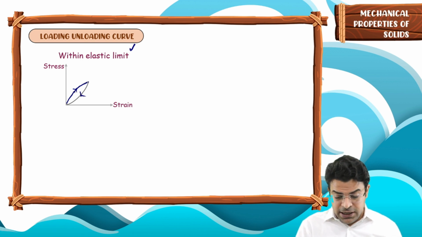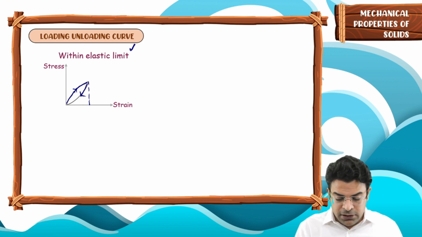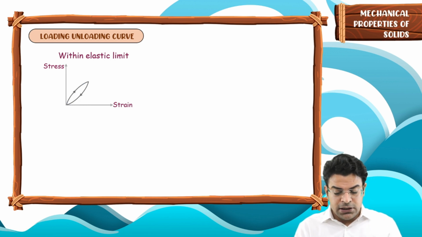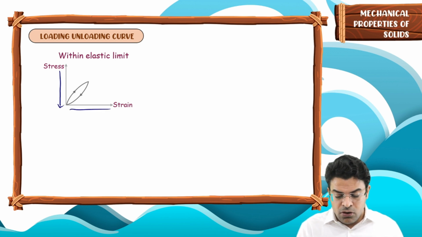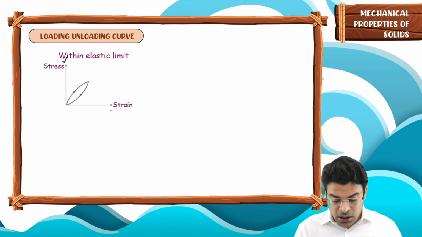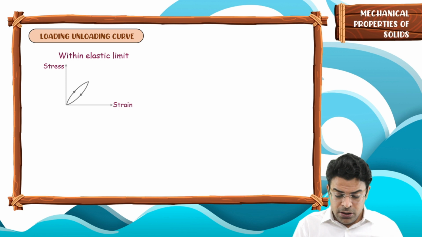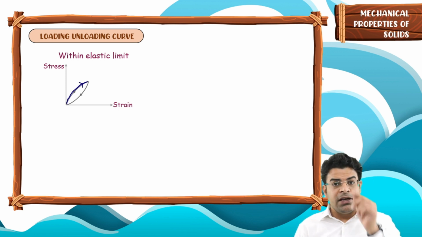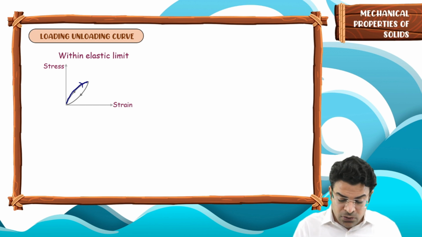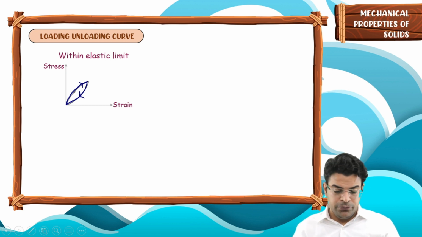But since the strain has not crossed the elastic limit, the body completely regains its shape, and when the stress drops to zero, the strain also drops to zero. So this is the standard loading unloading curve. This is also called hysteresis curve. Why? Because on increasing the stress, the strain increases. But when you decrease the stress, the strain does not decrease following the same path. It decreases using an alternate path.